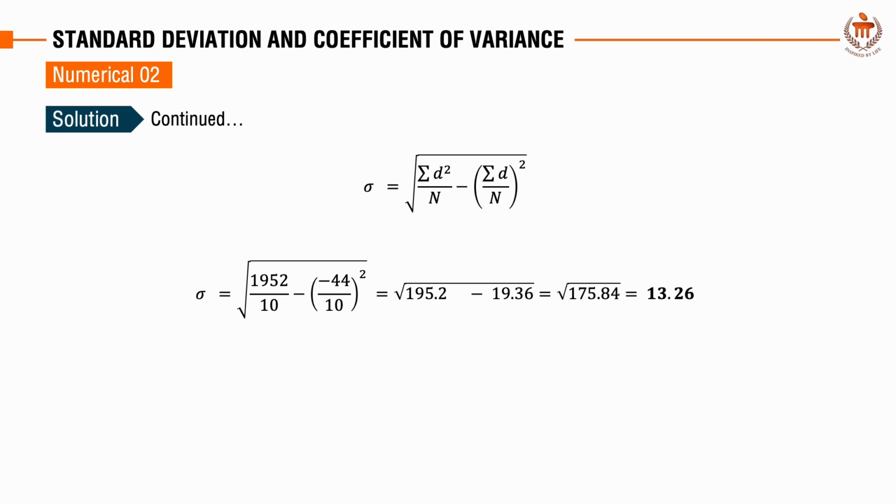When we apply this formula, 44 square is 1936 divided by 100, you get 19.36, and 1952 by 10 you will get 195.2. When we solve this, we get square root of 175.84, which gives you 13.26. So the sigma value we got is 13.26.